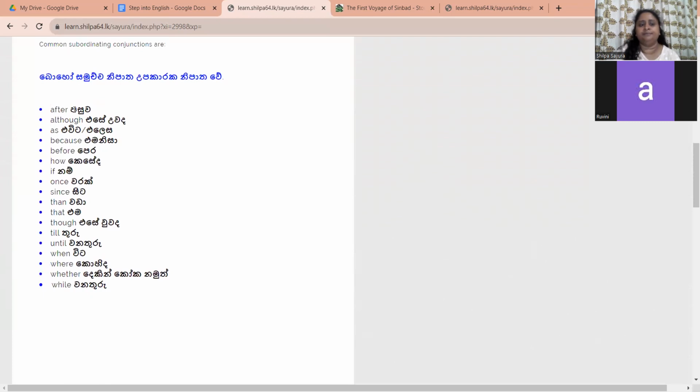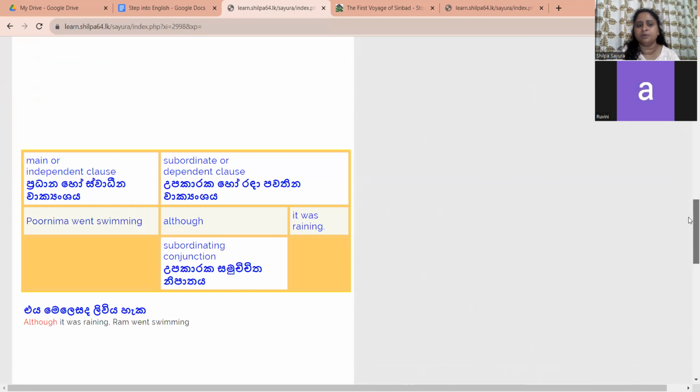After, although, as, because, so you see, because, before, how, if, once, since, than, that, though, till, until, when, where, whether, while. Yes, these words are used as subordinate clause. So just knowing them is not enough. You have to know how to use them. So that is the most important part.